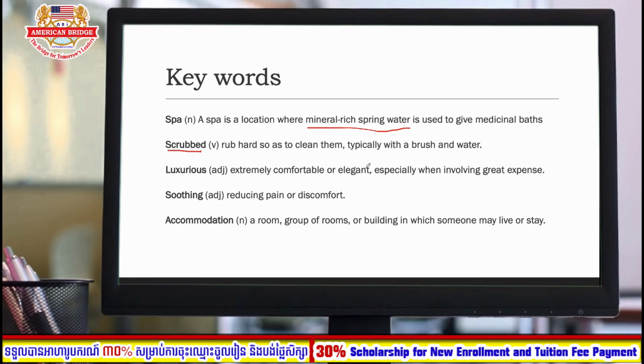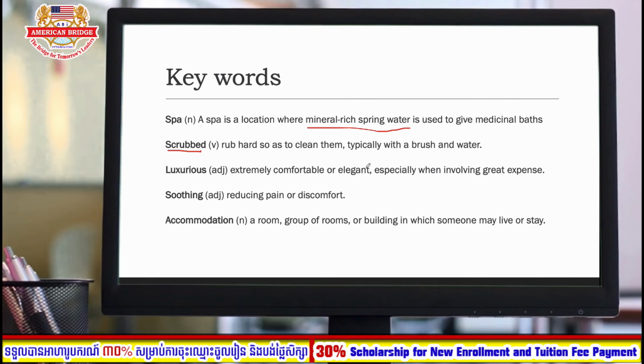Number three, which is luxurious. So luxurious functions as an adjective. It means extremely comfortable or elegant, especially when involving great expense. When you spend a lot of money, you call those things that you spend your money on luxurious items.